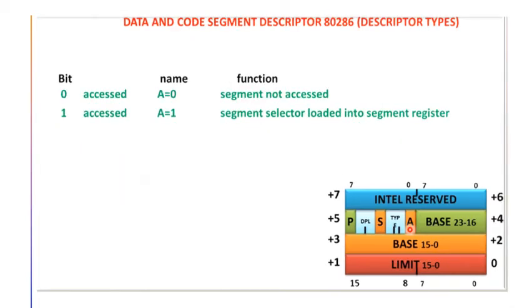The remaining bit, bit 0, is the accessed bit. When the accessed bit is equal to 0, the segment is not accessed. When the accessed bit is equal to 1, the segment selector is loaded into the segment register.